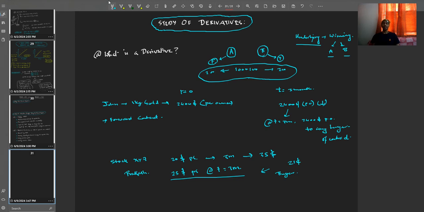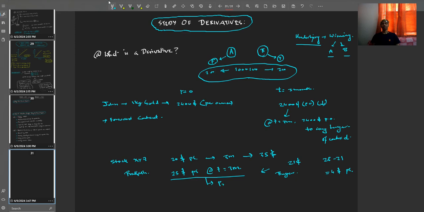Now, he is thinking that at the end of 3 months, he is going to make a profit of 25 minus 21, that is $4 per share by getting into this contract. So both are basically getting into a contract because they have different views on the performance of the underlying. This contract is basically an overlay on the underlying performance of the stock price. This basically, the value of this derivative is derived by the performance of the stock, right?